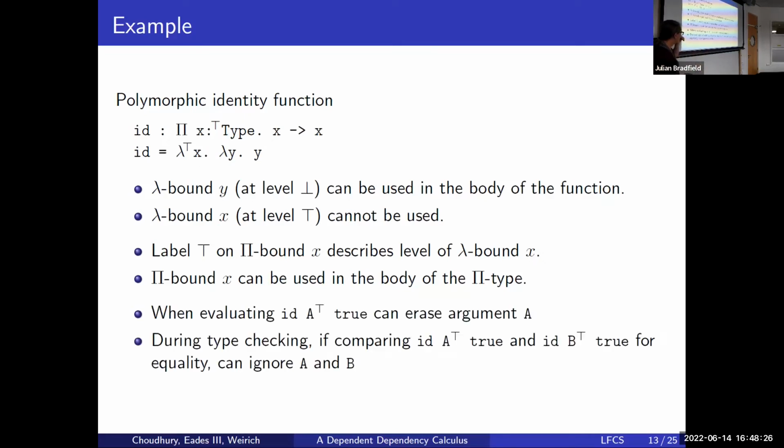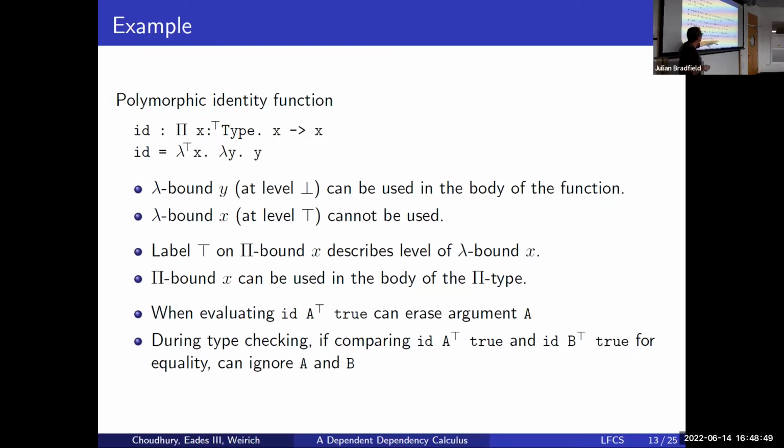And when I type check ID like this, since I've given it this type, where we've marked that parameter as top, that means I know just from the type of ID that I can erase its argument.